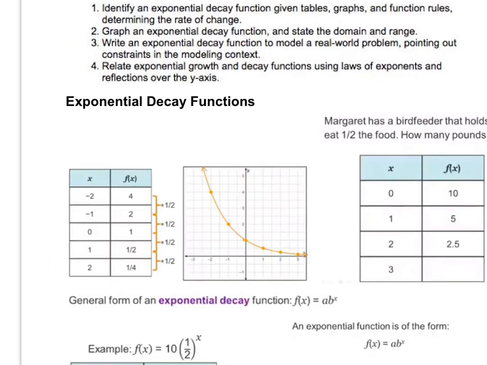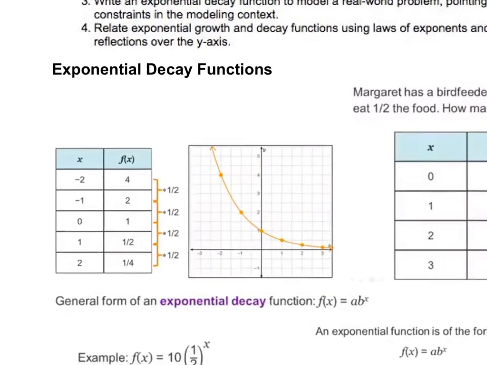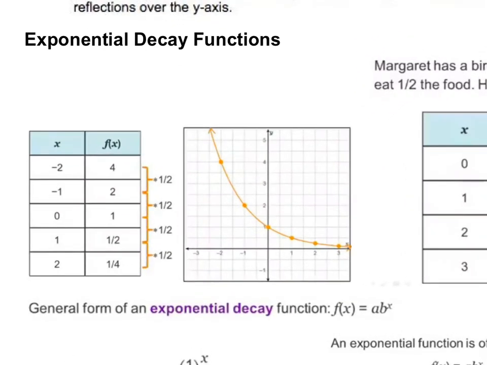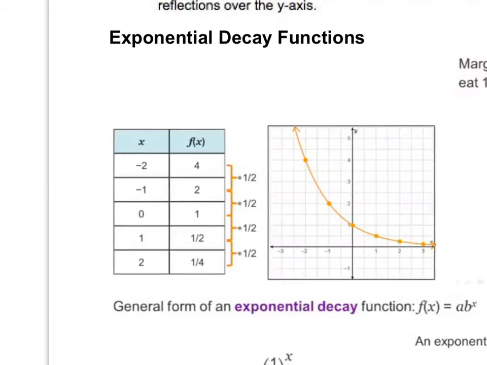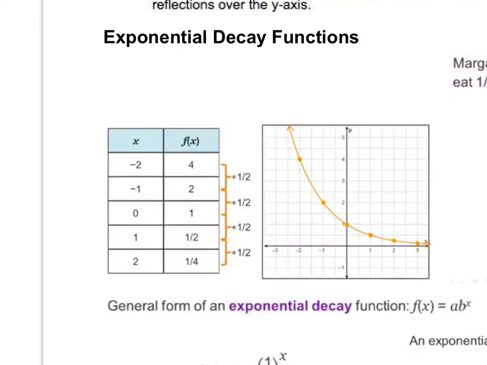So when we have an exponential decay function, we have the opposite effect of what we had before. In an exponential growth function, our graph did this, but in an exponential decay function, we get smaller and smaller as time goes on. The reason why is because, remember, exponential functions mean repeated multiplication. When you take this number and divide it by the previous one, you get a half.